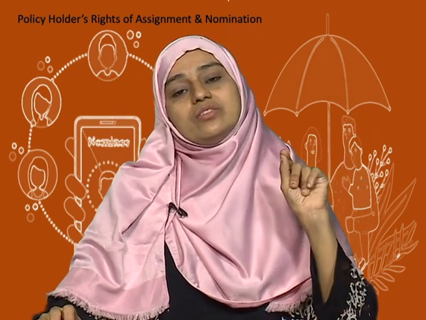The process of giving him the authorization to receive the benefit in the event of my death is called the nomination process. The person who will receive the benefit is called a nominee.